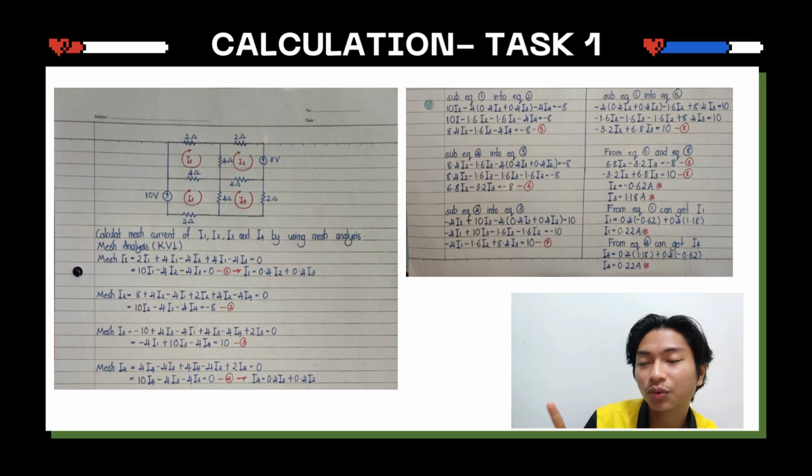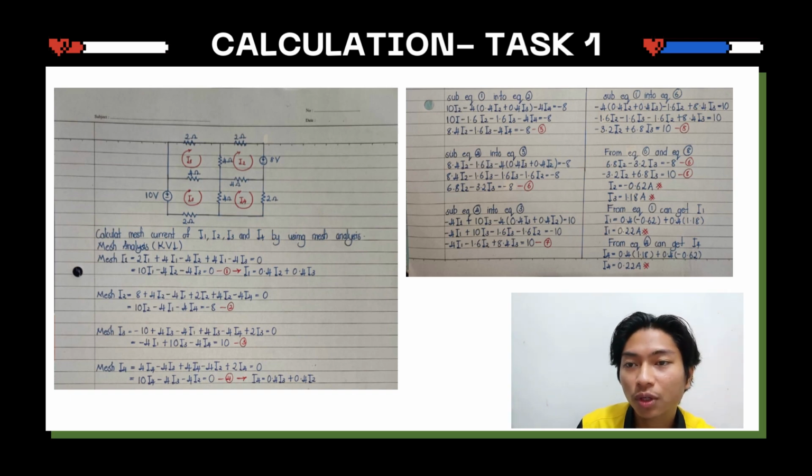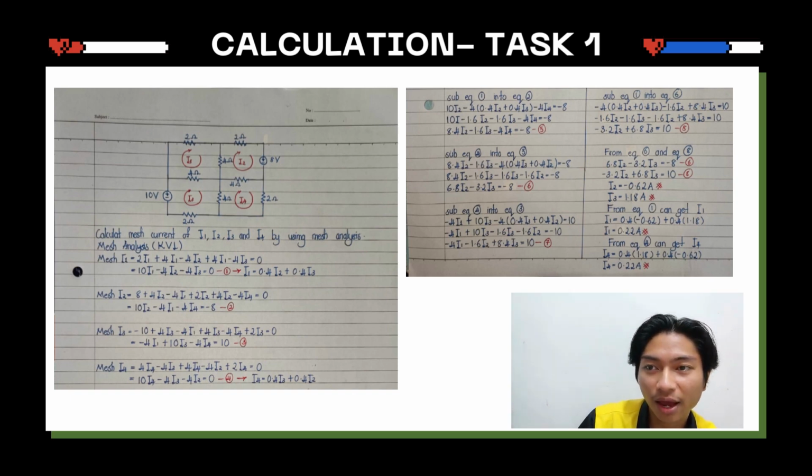And the final equation is 10I2 minus 4I1 minus 4I4 equal to negative 8. We transfer the 8 volt to the other side, so it becomes negative 8.